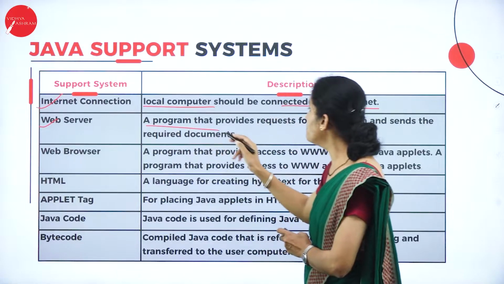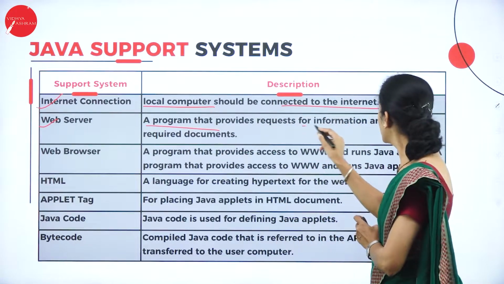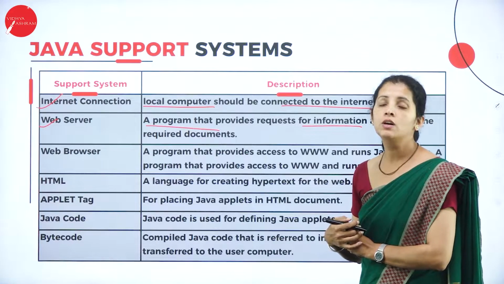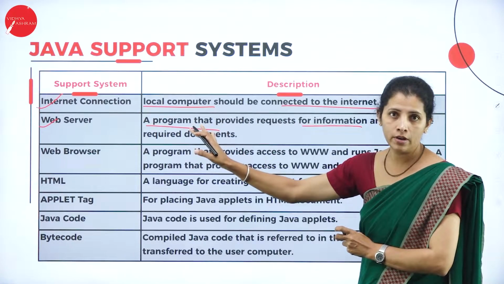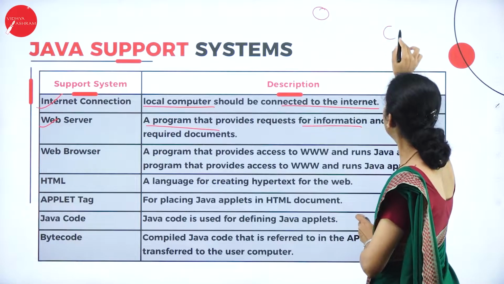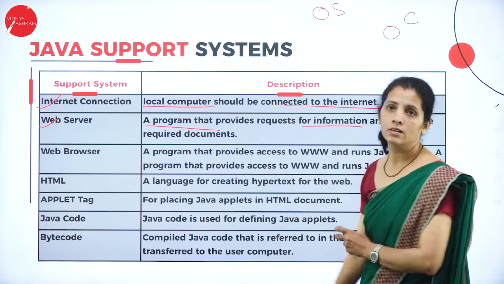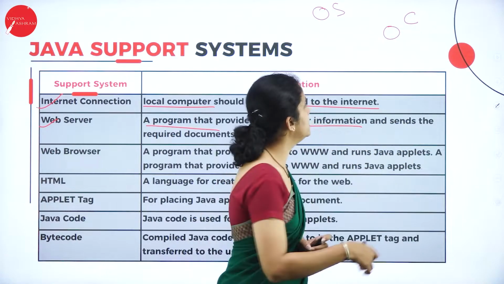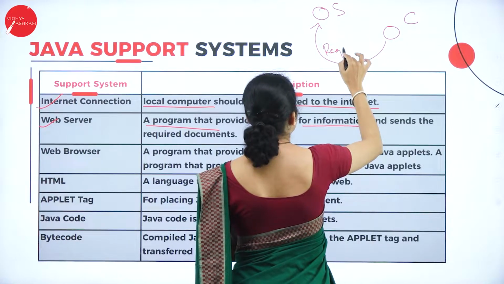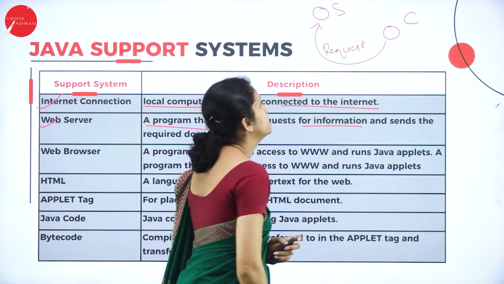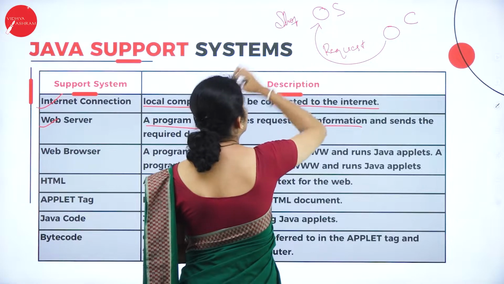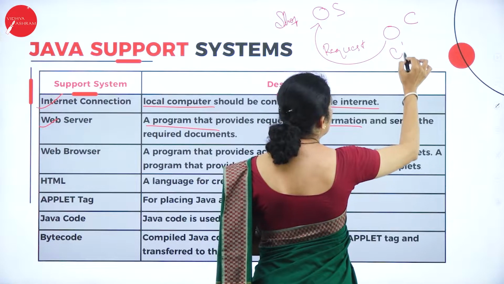A web server is a program that receives requests for information and sends the required document. If I consider the server and client concept, I have a server and I have a client. The client is responsible for sending the request. Here, in a general example, think of a shopkeeper and a customer, or client.